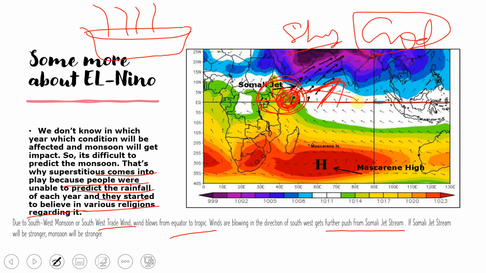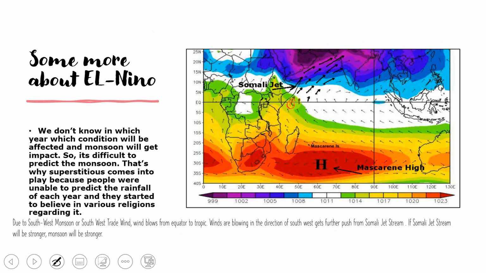It rises only in the lower atmosphere and starts to move in two directions, one toward the Arabian Sea and the other toward the Indian Ocean part. So this part helps give another push to the Indian monsoon.